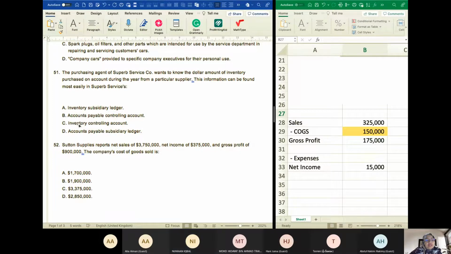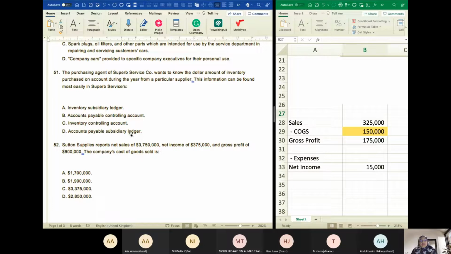Then for B and D, now you have to decide whether it is a control account or a subsidiary ledger. A subsidiary ledger is, in this case, every accounts payable will have an account. The control account is the total of all your subsidiary ledgers.